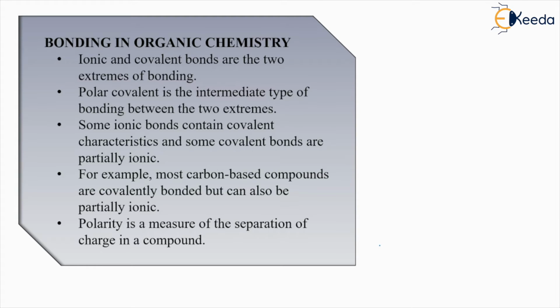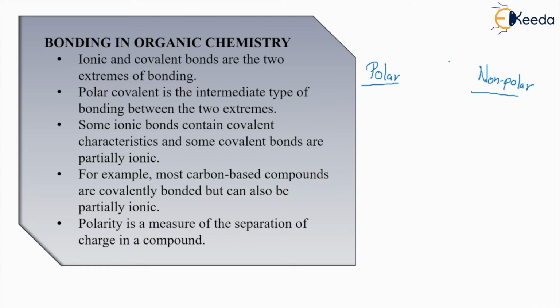These bonds show some kind of polarity, and because of that it is important for us to understand how they work. Let me give you an example of polar covalent bonds and also non-polar covalent bonds so that it gets a little more clear.